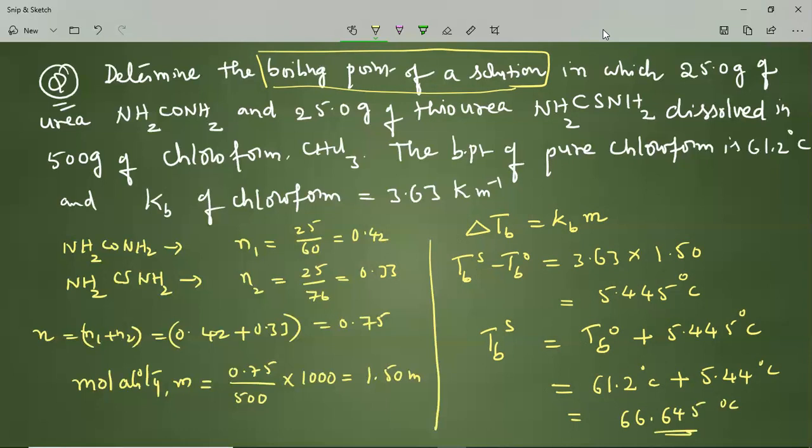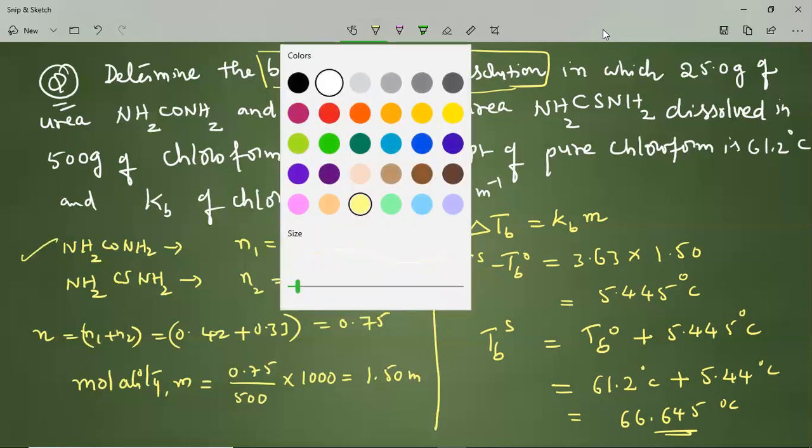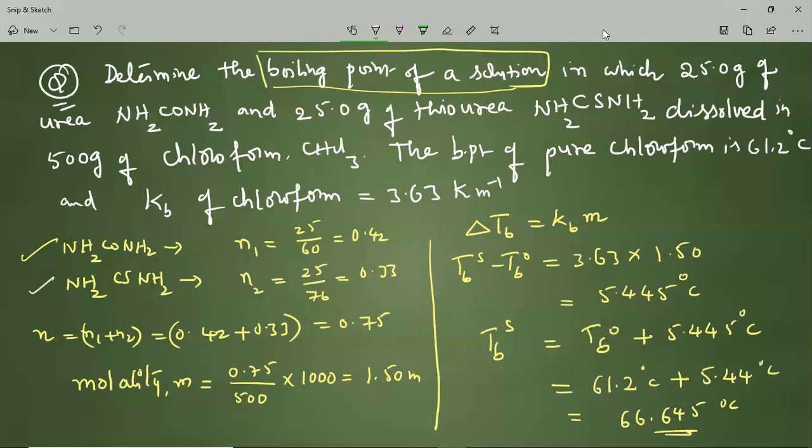So in this question, how we solved it is, first we found the number of moles of the solutes. Because there are two solutes, both solutes' moles were calculated, and the total number of moles was taken as the number of moles present in the solution. That is substituted in the molality formula, taking the mass of solvent from the problem as 500 grams.